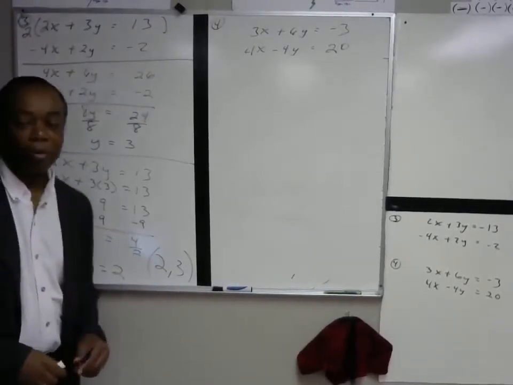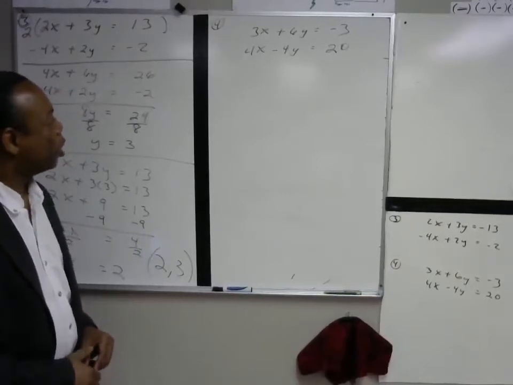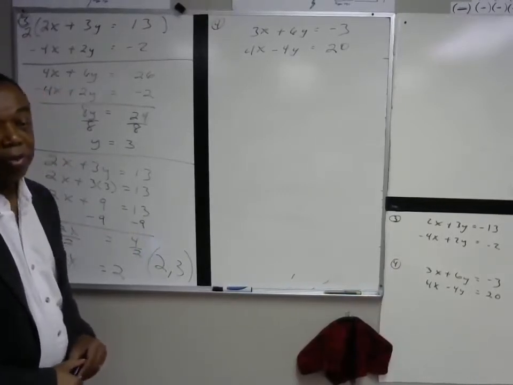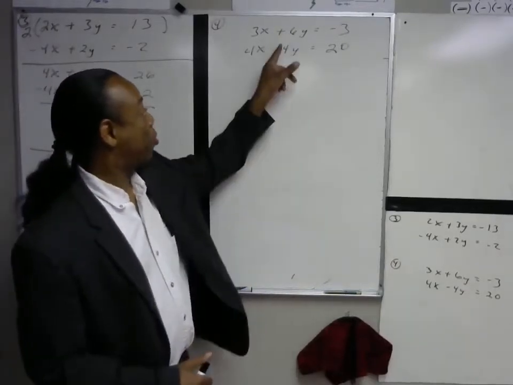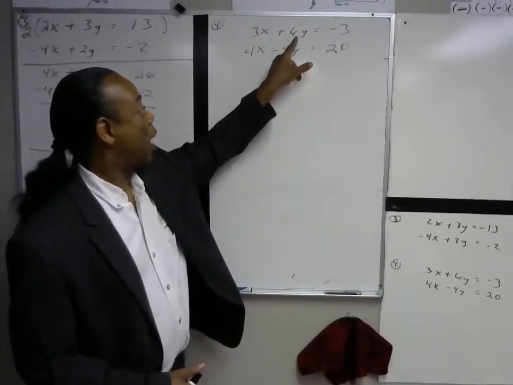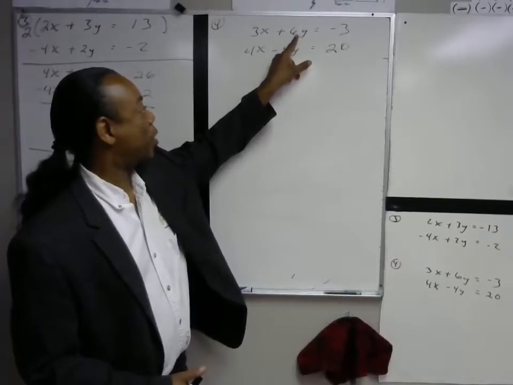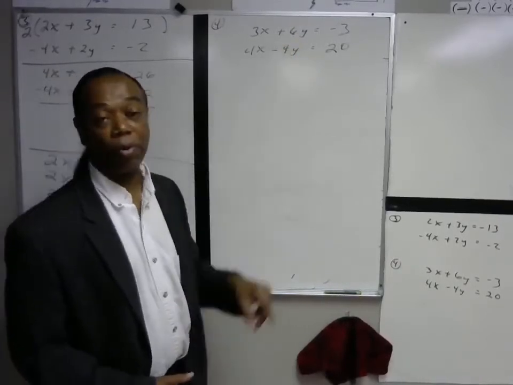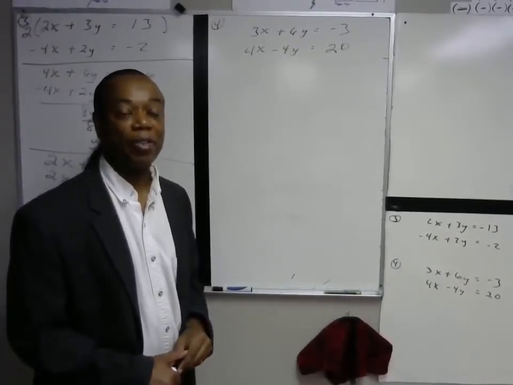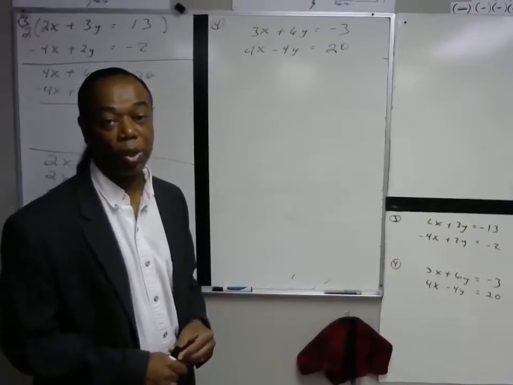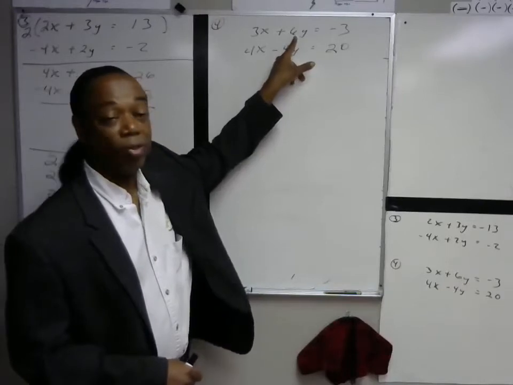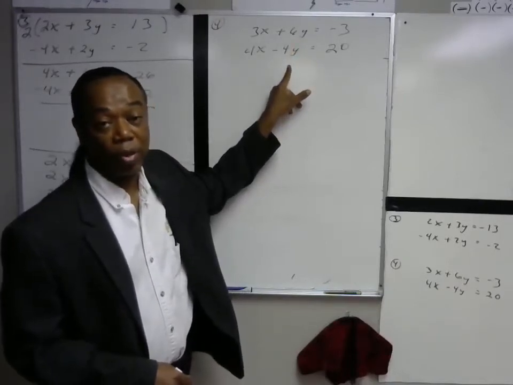All right, let's look at number 4. Number 4, we have no additive inverses, but we do have opposite signs. We have a plus and minus here. So I want to get a common factor for 6 and 4. The common factor for 6 and 4 will be 12. So let's turn both of those into 12s. This will become a positive 12, and we'll turn this one into a negative 12.